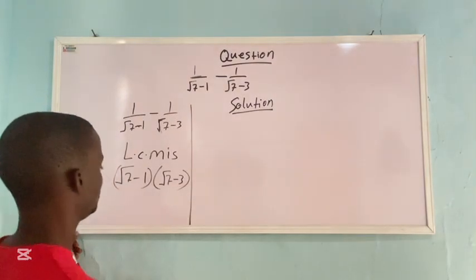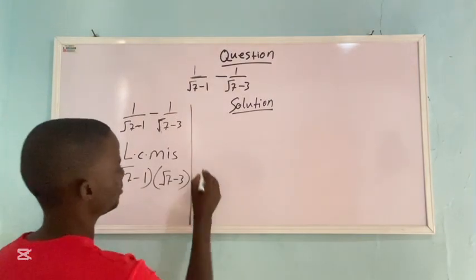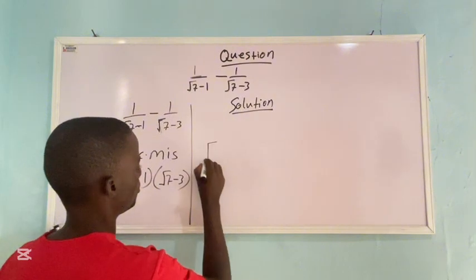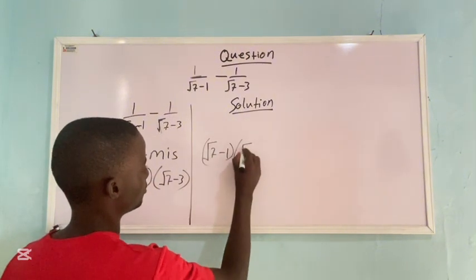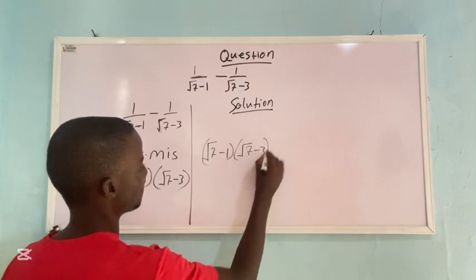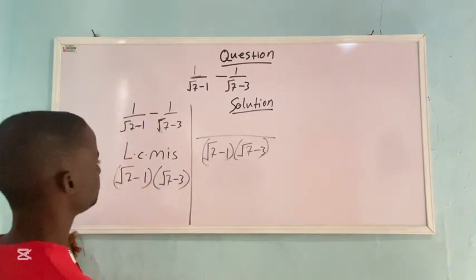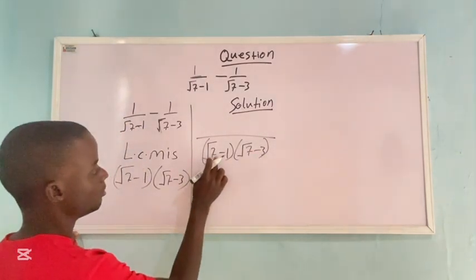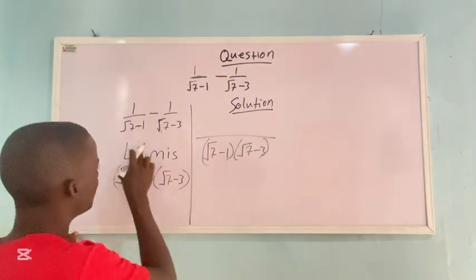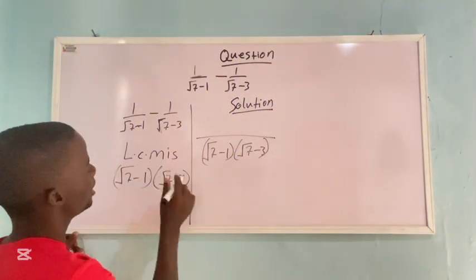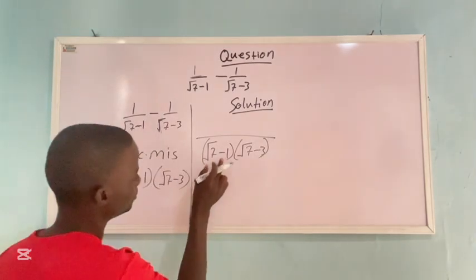So now, after finding the LCM, we're going to divide it by root 7 minus 1. You'll find that root 7 minus 1 will cancel root 7 minus 1.